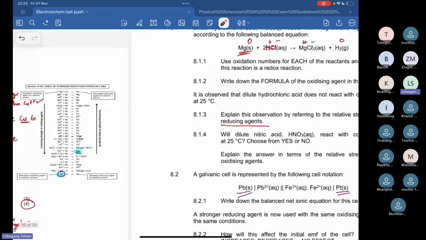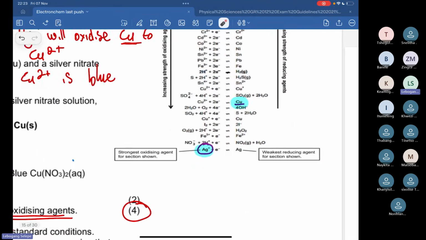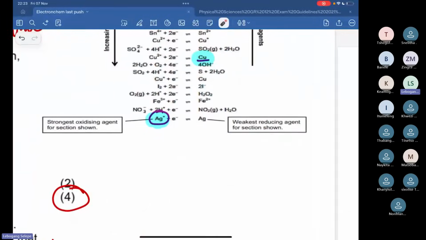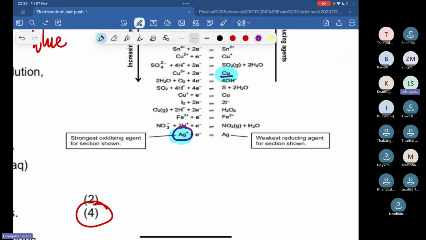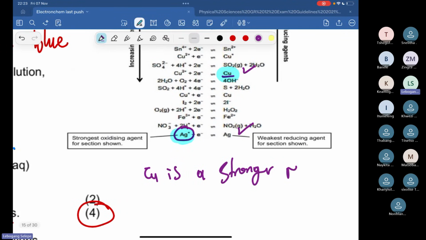Let's do it together. Here let's use reducing agents. So I'm going to compare Cu and Ag, bananas with bananas. Cu is a stronger reducing agent than Ag.